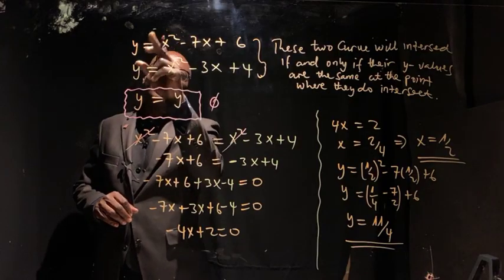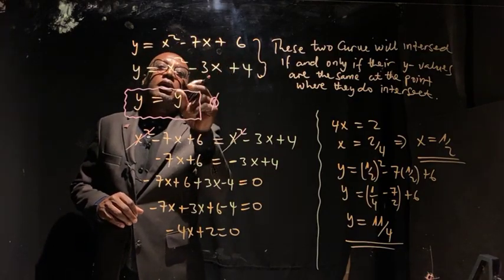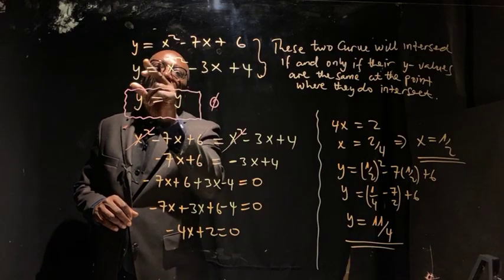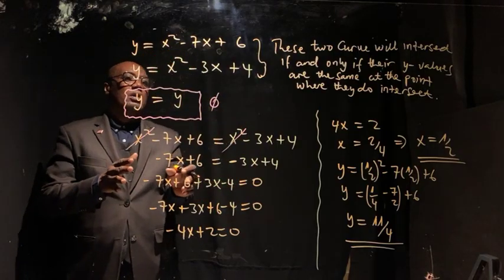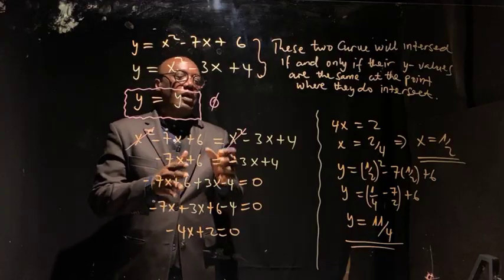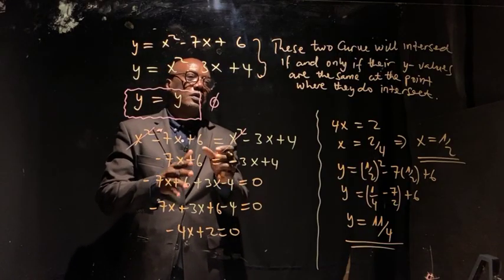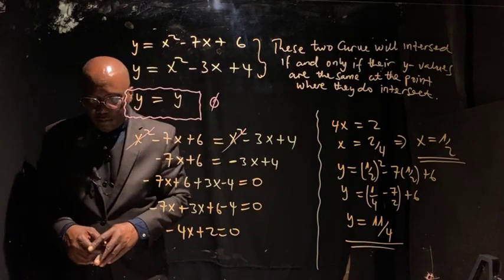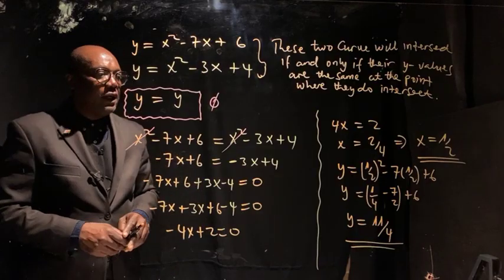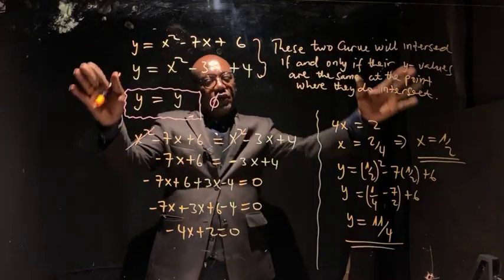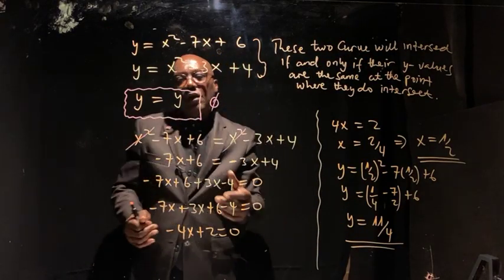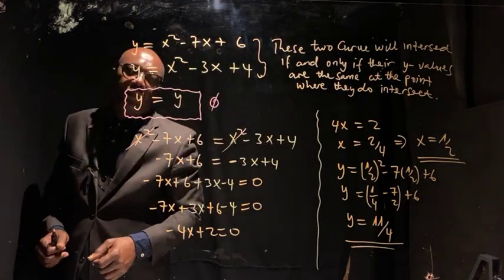Previously we sketched this one, and this time we are going to sketch this one, and we will see how the two curves intersect. So at this time, take your time to copy everything from the whole session, and then we will take it from there.